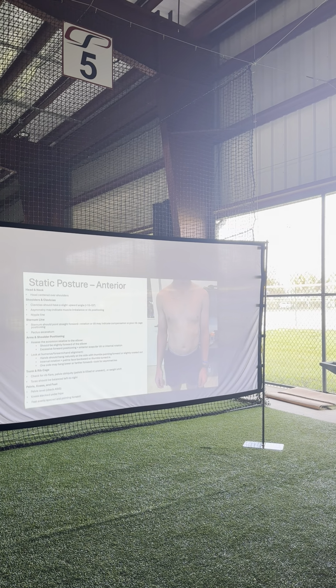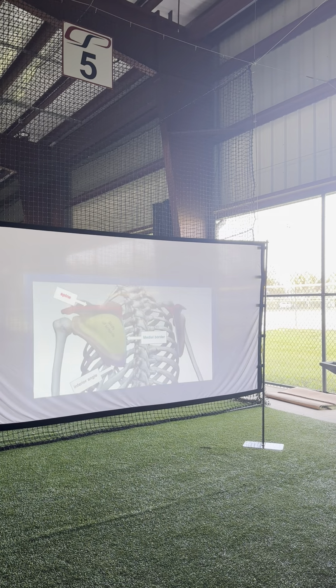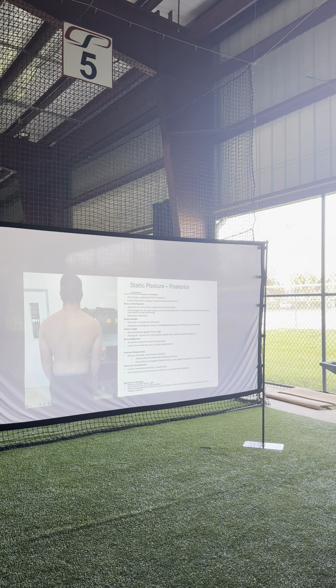So, okay, let's go back really quick. Something I also want to hit on is postural relationship. We're talking about everything moving together, right? We have the scap, the shoulder, the humerus position, and we're assessing all of these in relationship to each other. We're going to get into this in the next couple slides, but assessing where the elbow sits relative to the torso. Is the elbow way behind?